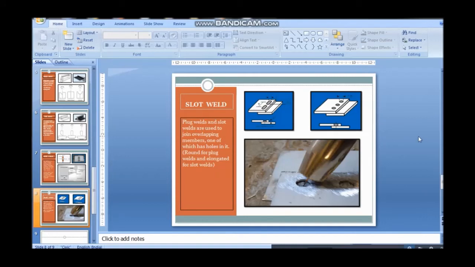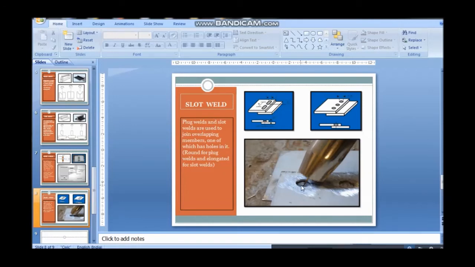Next is slot weld or plug weld. Slot weld or plug weld, both are the same. For the slot weld, we use elongated holes, and for the plug weld we use circular holes. First of all, we prepare one metal plate with circular holes, and then do the edge preparation, that is grinding these holes, and then prepare the lap joint, and then use TIG welding and fill the holes with filler metal.